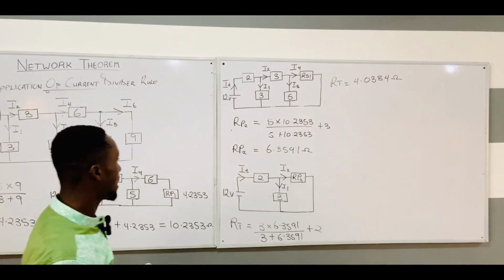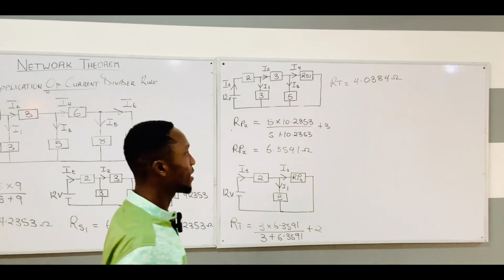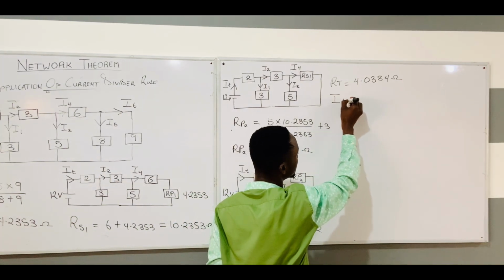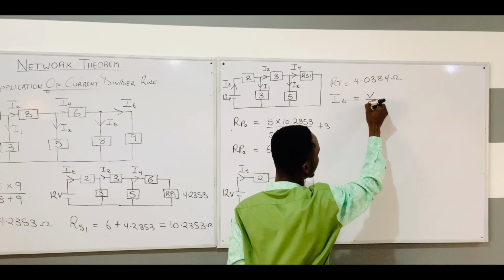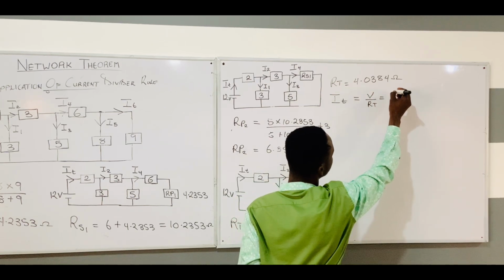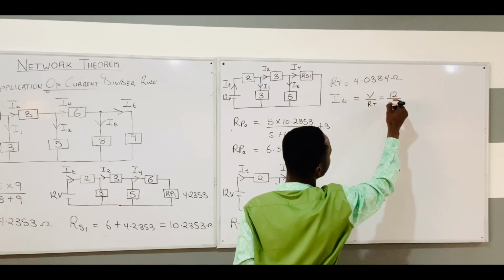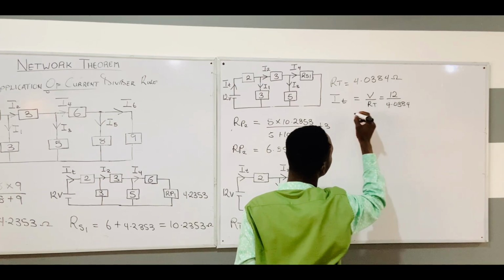Now let us find the total current IT. Okay, and using the voltage of 12 volts, we can calculate for the total current. So therefore, our IT equals V over RT, which is 12 volts divided by 4.0384.